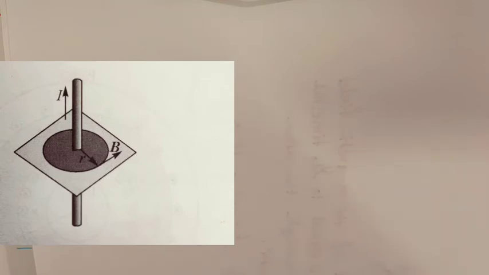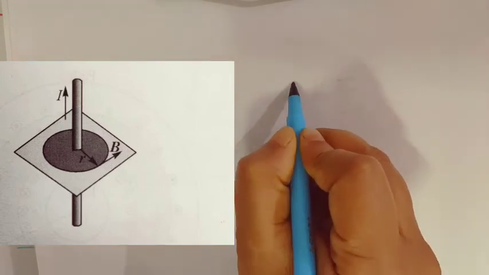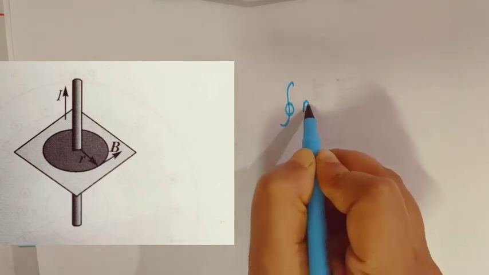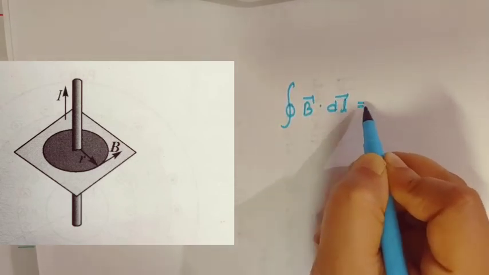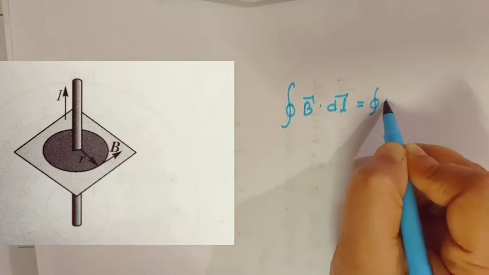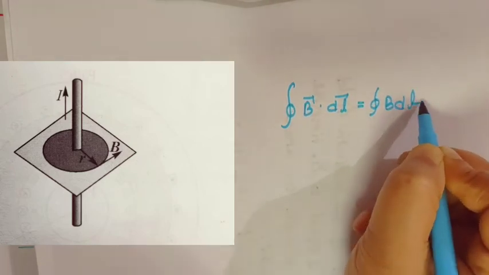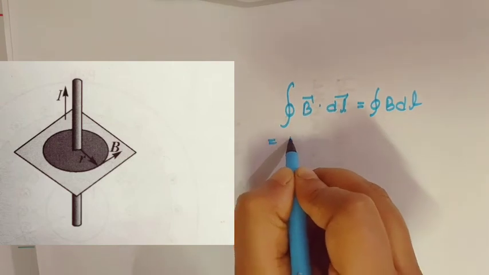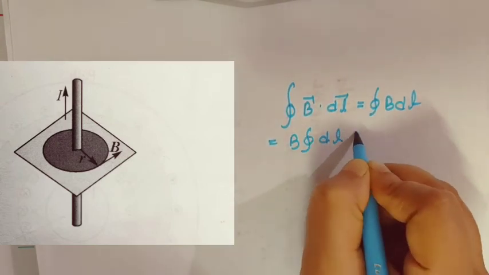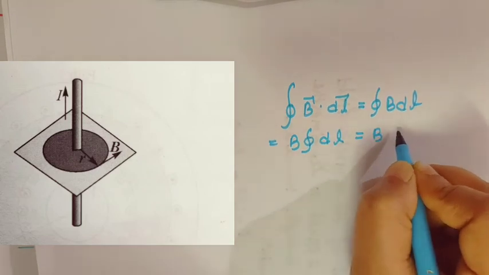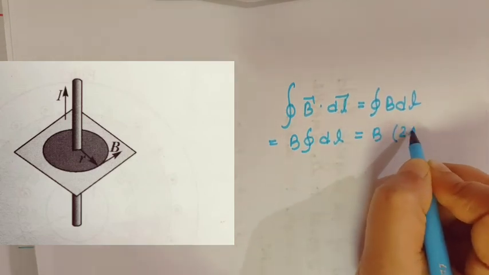Thus, the line integral of the magnetic field B around the circular loop is, we can write closed integration B dot dl equals closed integration B dl equals B integration dl equals B into 2 pi r.